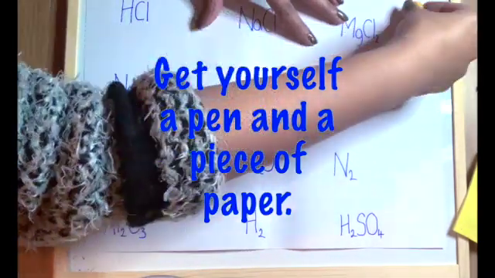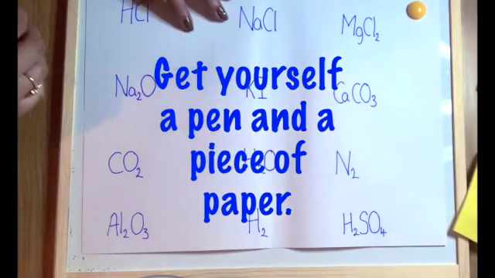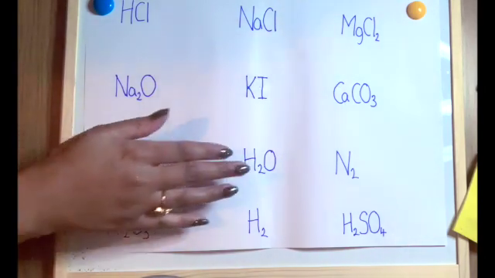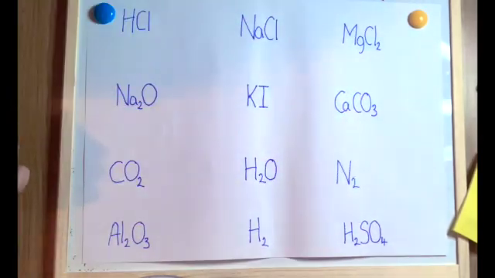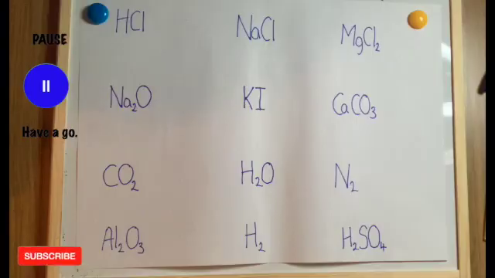So I would like you to write down for each of these how many different elements we have in each of these. Okay, so I'm just going to move that down slightly so we can see that properly, and I will give you about 5 minutes to have a go at this.